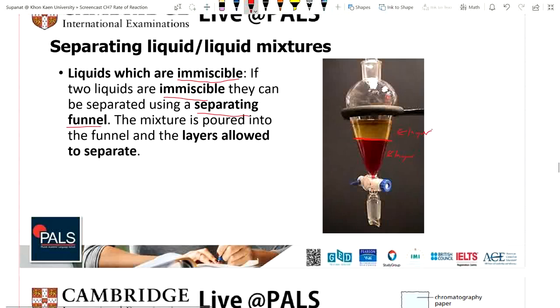The position of the layers depends on the density, rho.